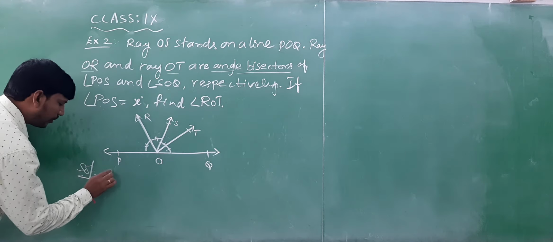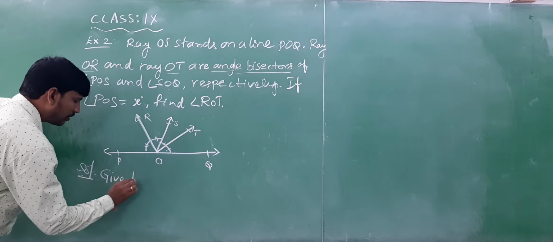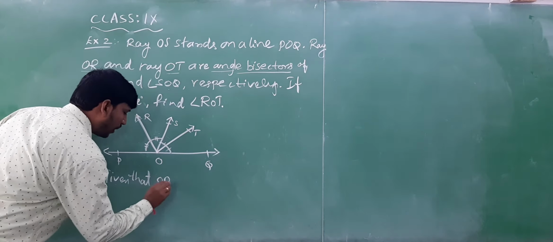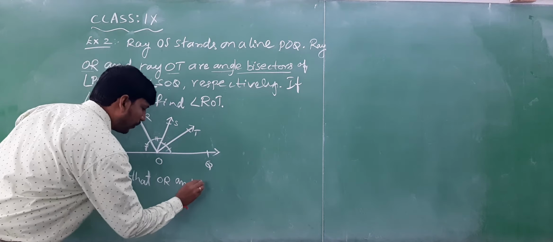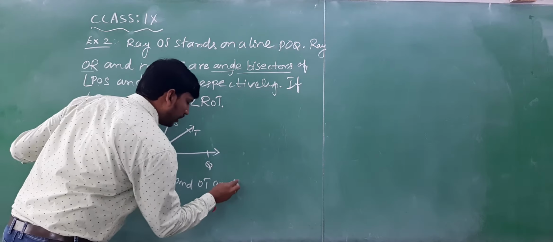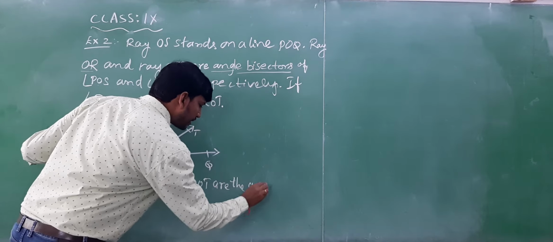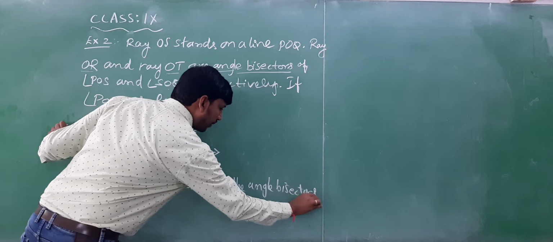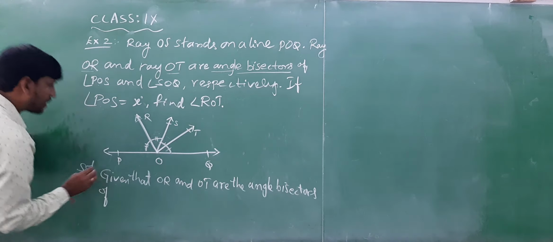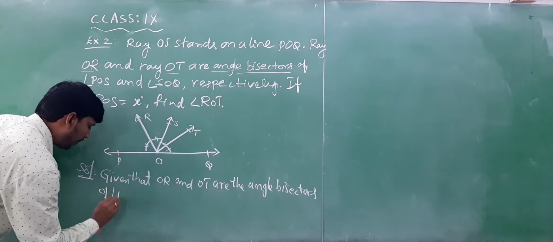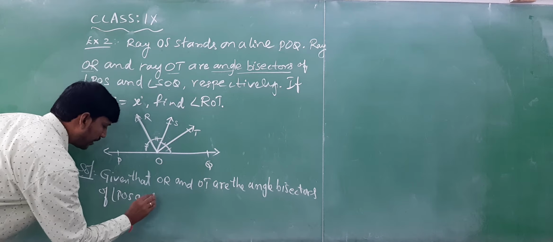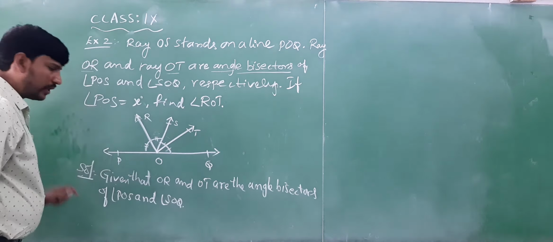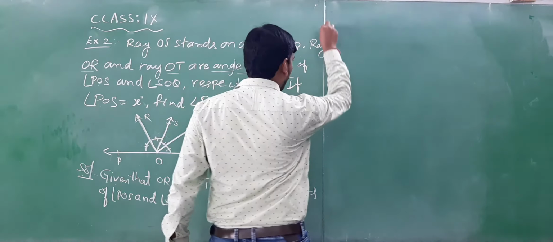Solution. Given that OR and OT are the angle bisectors of angle POS and angle SOQ.